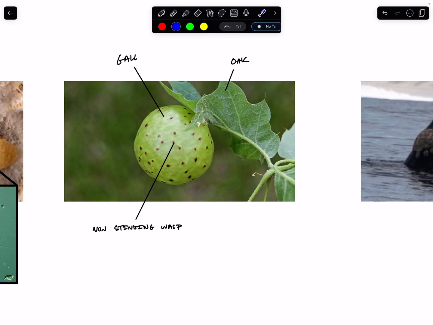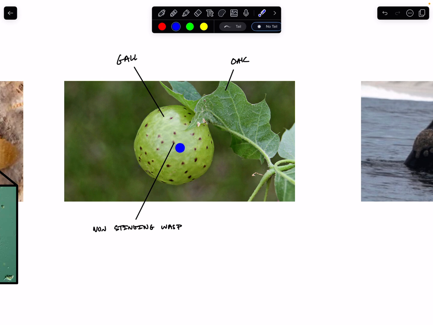What happens here? The non-stinging wasps lay their eggs on these oak trees, and when the larvae emerge, they secrete a hormone that causes the oak tree itself to grow this gall structure around the baby wasp larva.